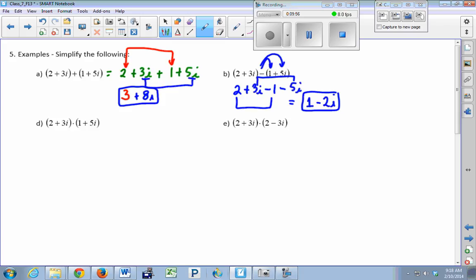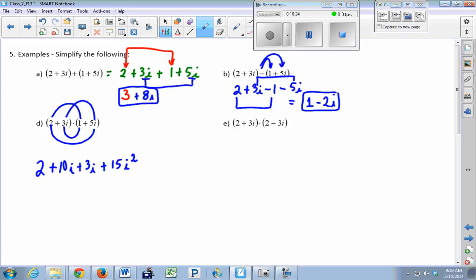Where things get a little different is when you try to multiply two complex numbers. You use the same idea you always do. The first term times the first term is 2. Your outer term, 2 times 5i is 10i. Your inner term is 3i. And your last terms here are 3i times 5i, which is 15i squared.